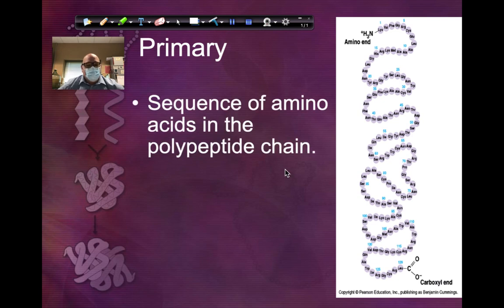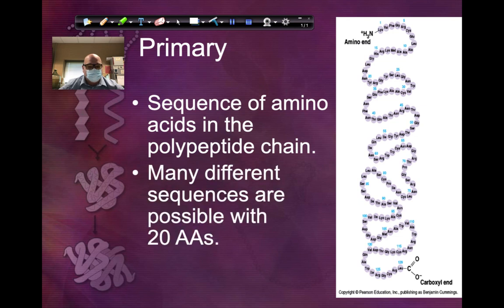So the primary is the sequence. Now this has to be in a very particular order. These aren't just random. DNA and RNA tell your cells what order to make these in. And that order is super important. A mutation would take one of these out, or it would frame shift it, which would screw the whole thing up, and you would have probably a non-functional protein.